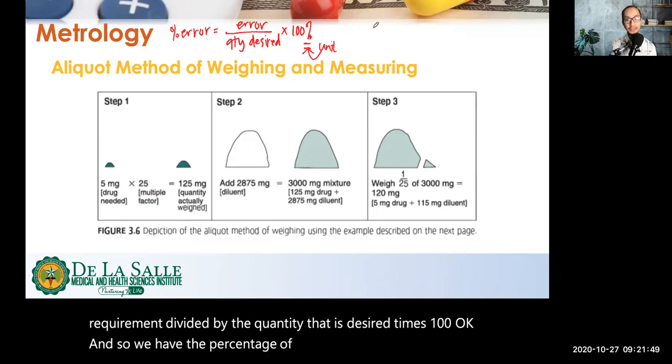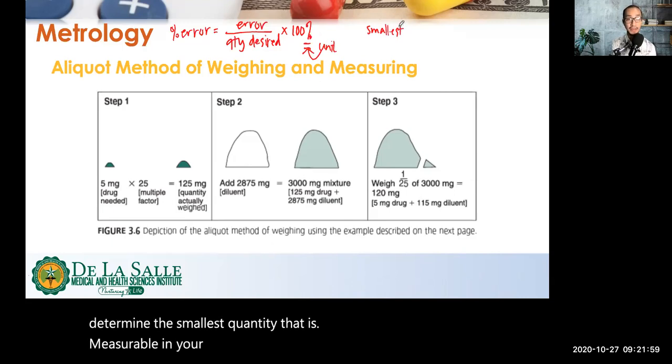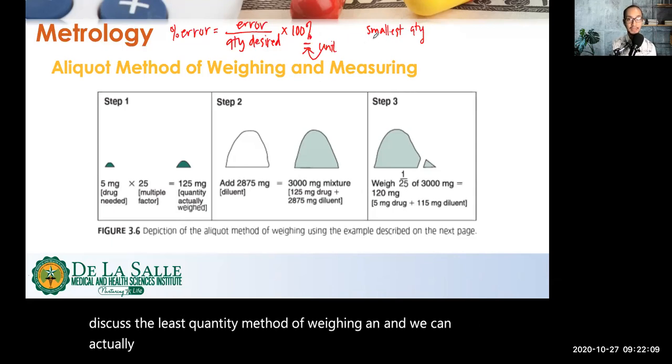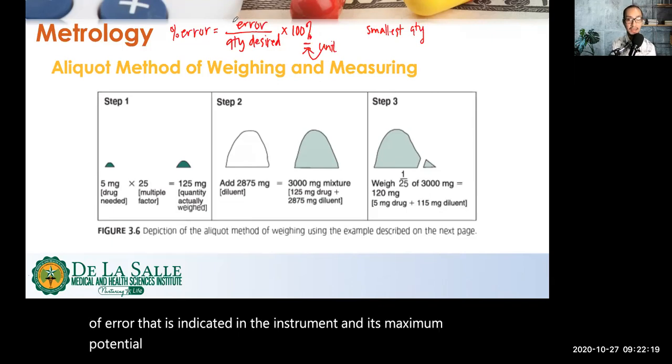Now, we can also determine the smallest quantity that is measurable in your balance using this formula. Later on we'll discuss the least quantity method of weighing, and we can actually determine the smallest quantity based on the percentage of error that is indicated in the instrument and its maximum potential error or sensitivity requirement. The smallest quantity is derived from this formula.